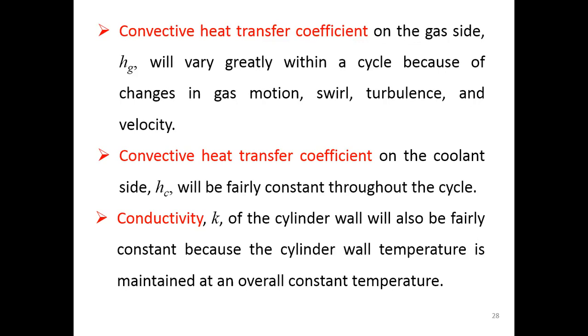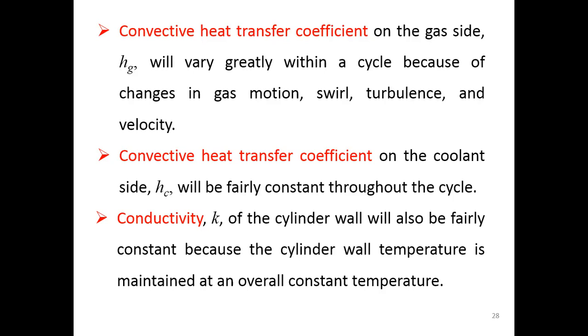How about the material, the middleman? The conductivity of the cylinder wall is also fairly constant, because we try to keep the cylinder wall temperature constant, at an overall constant temperature.